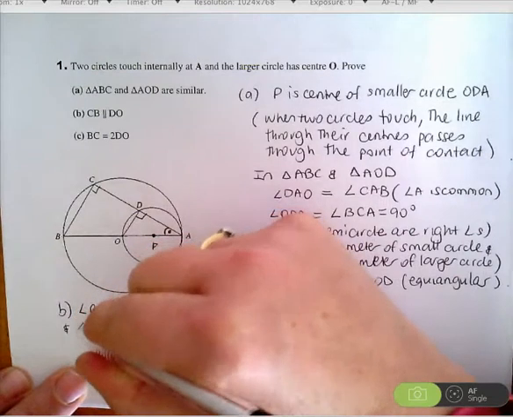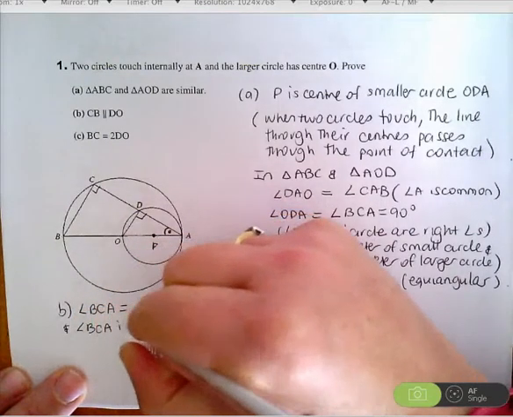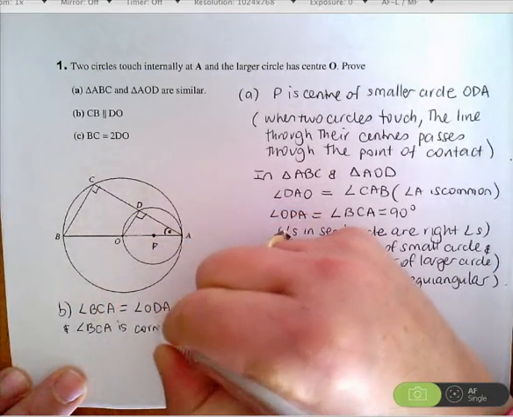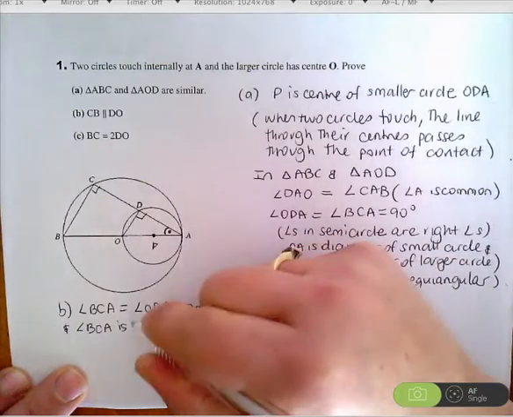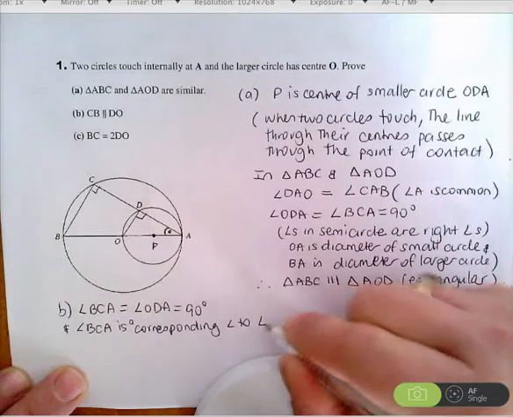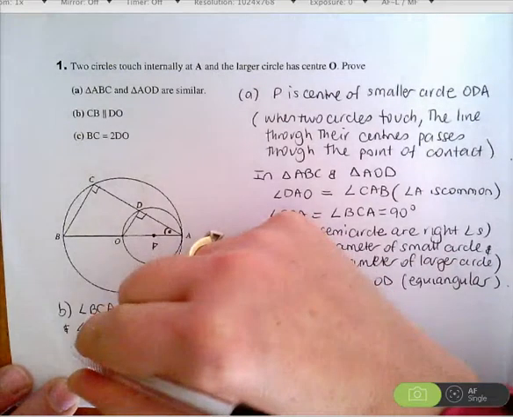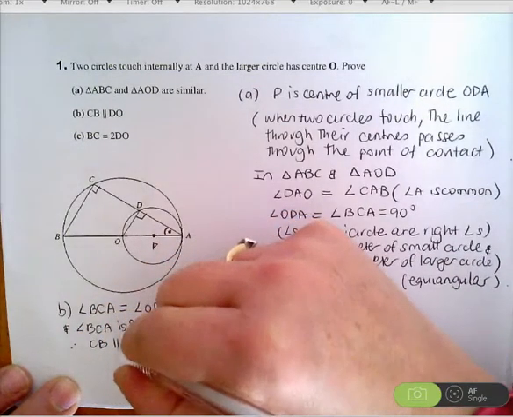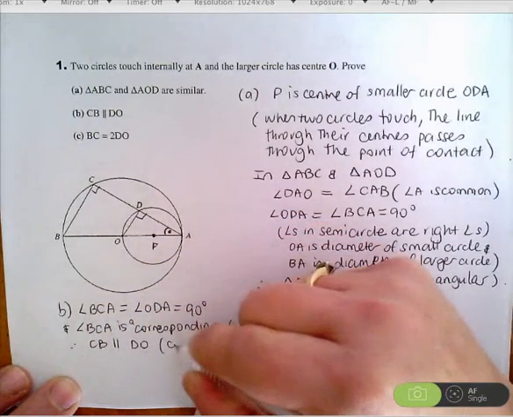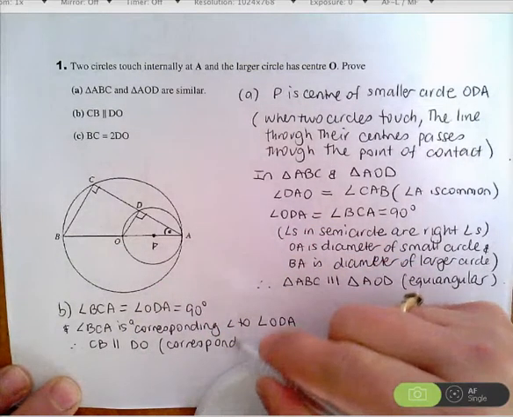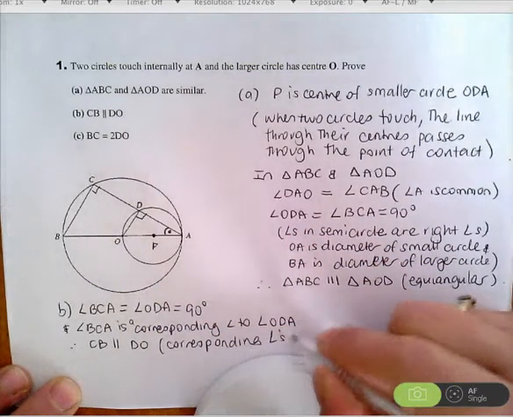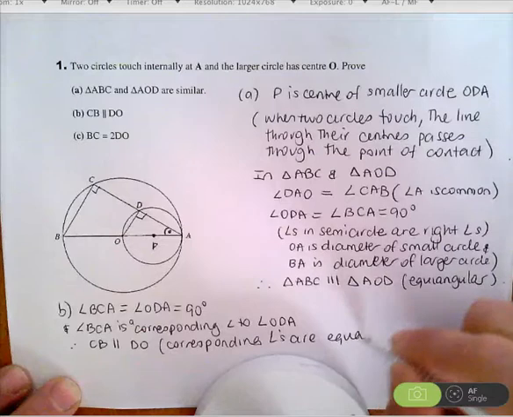And we can say angle BCA is a corresponding angle to angle ODA. So therefore CB is parallel to DO, reason corresponding, so we've got that the corresponding angles are equal.